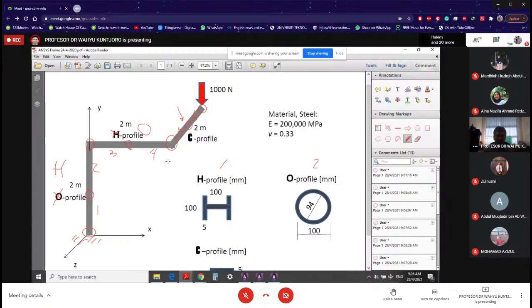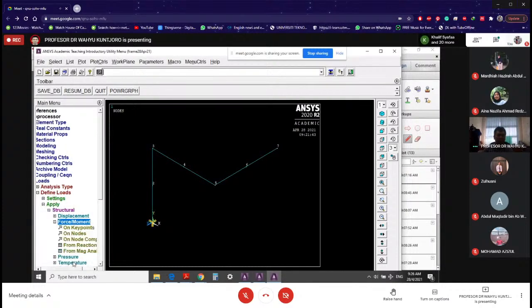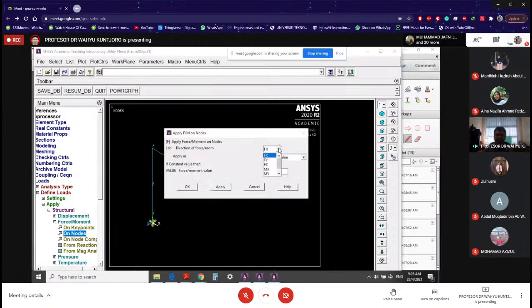Okay, nice. So now we come back here. What we need to do now is define our force on nodes, that node, and it is going to be Fy, because y-axis, magnitude -1000.